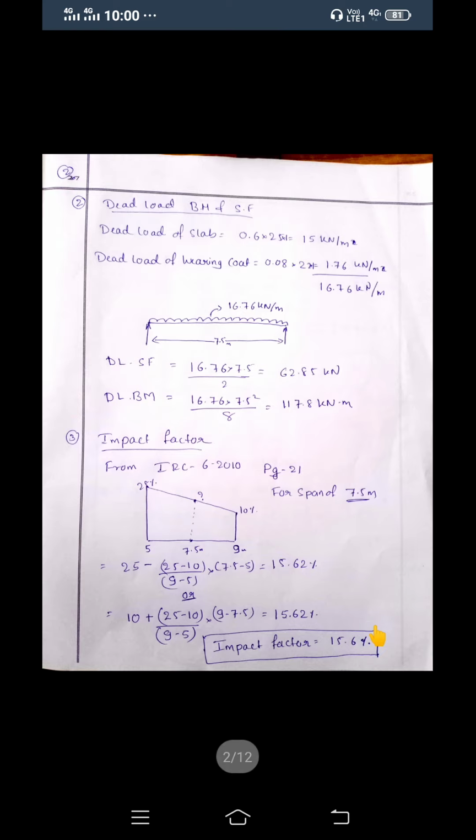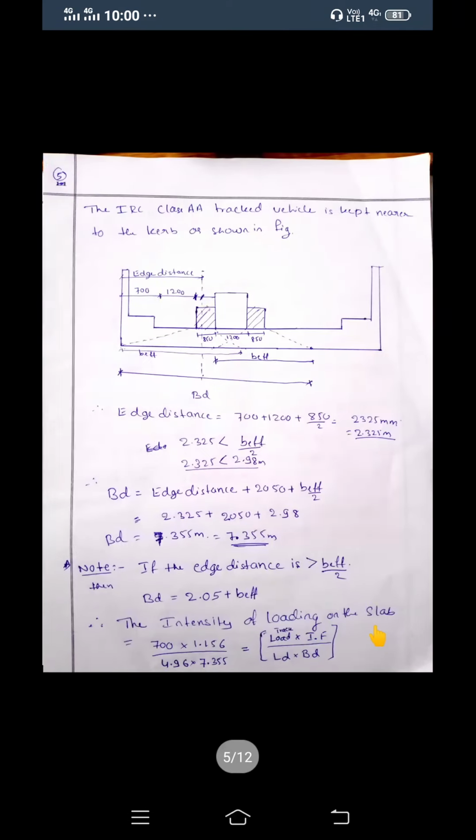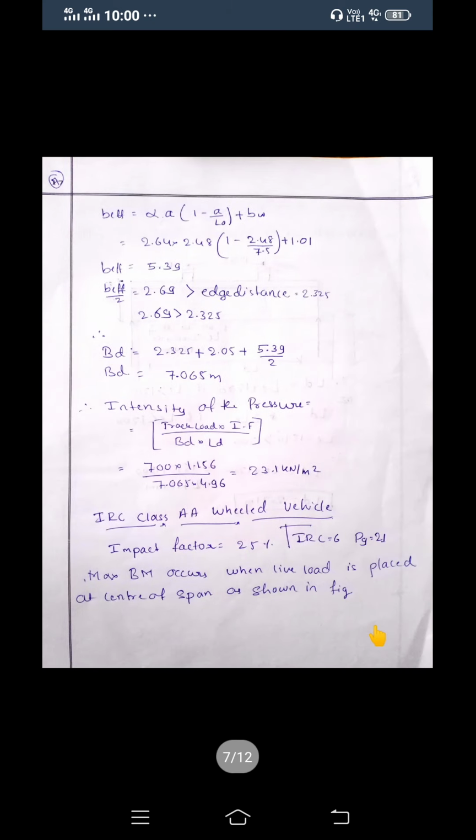For the tracked vehicle, again the impact factor, isn't it? The same for this problem also. For the wheeled vehicle also we will continue with the impact factor. You can go through the IRC 6 codebook, IRC 6 2010, page number 21. For IRC Class AA wheeled vehicle, the impact factor should be 25%.